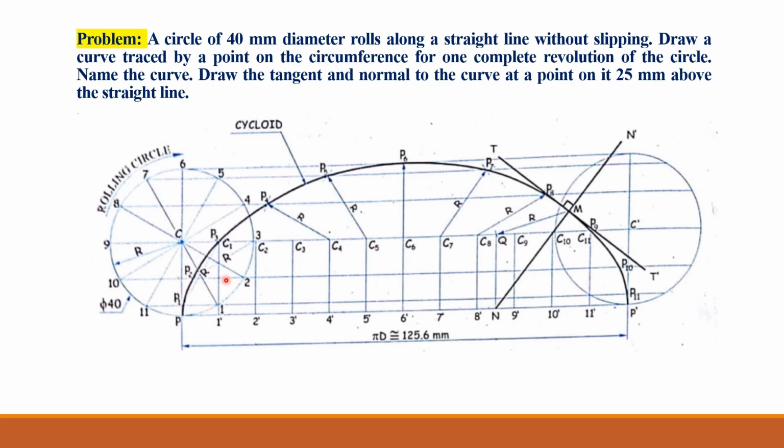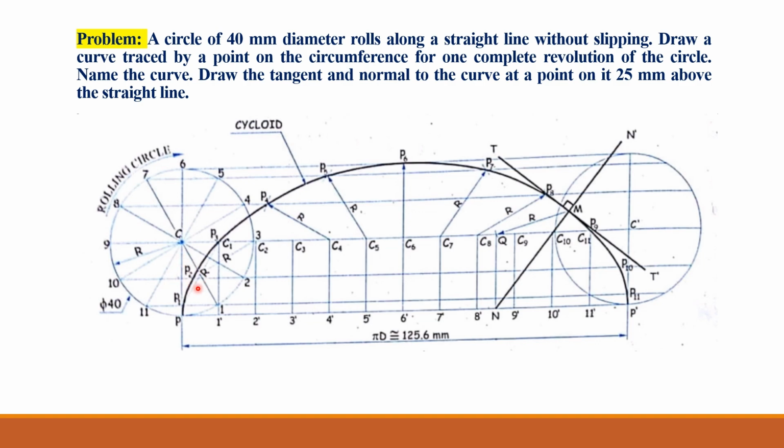Similarly, without changing the distance in the compass, put the compass on center C2 here and cut the line passing through the point 2 on the circumference. Now see the point of intersection of this arc and the horizontal line through point 2 is represented by P2 here.